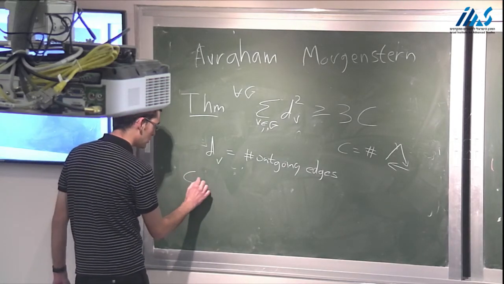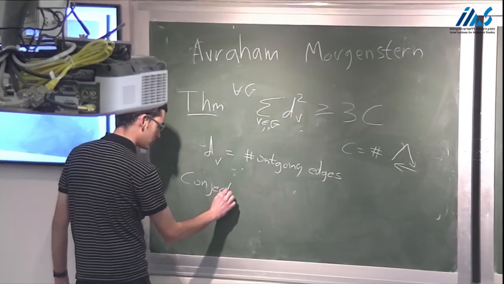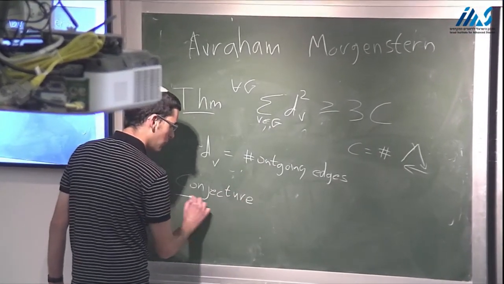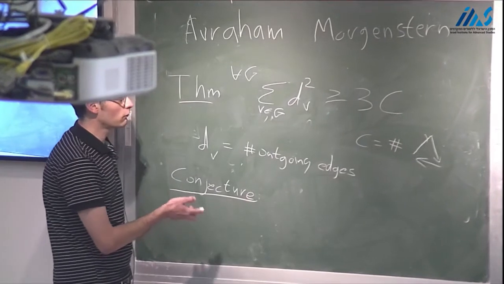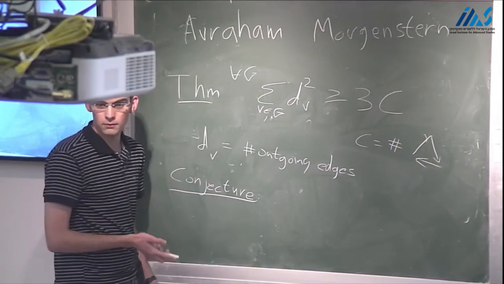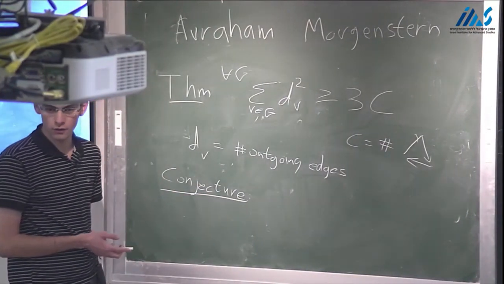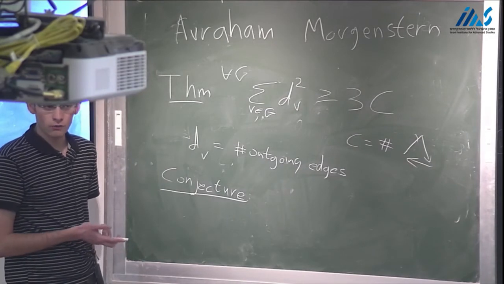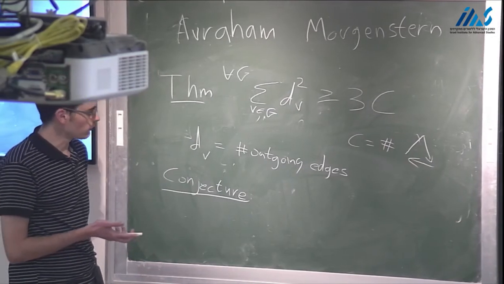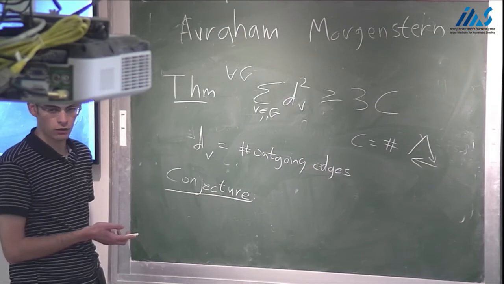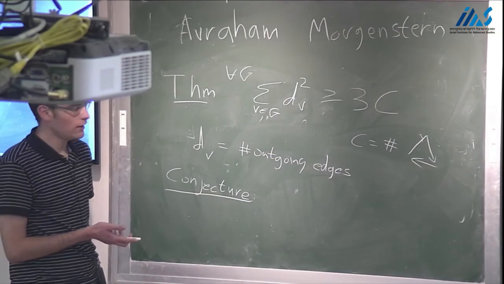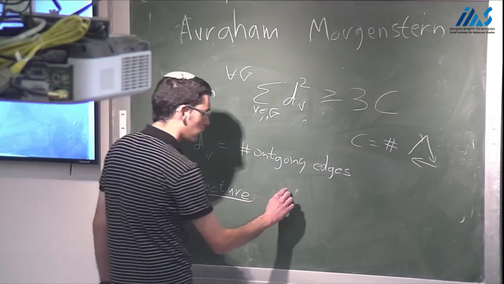I'll state the conjecture. My first challenge to you is to find a new, maybe different proof, because the known proof does not generalize well to other situations. But my conjecture is stronger.